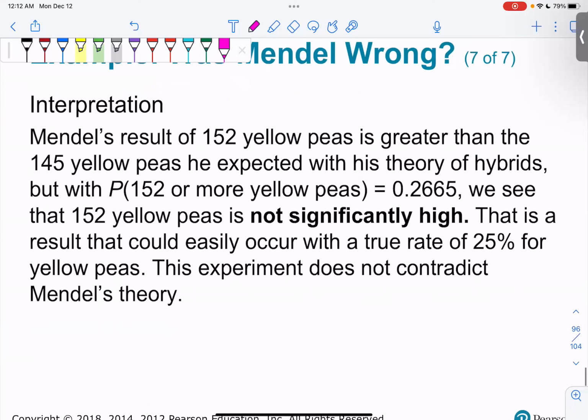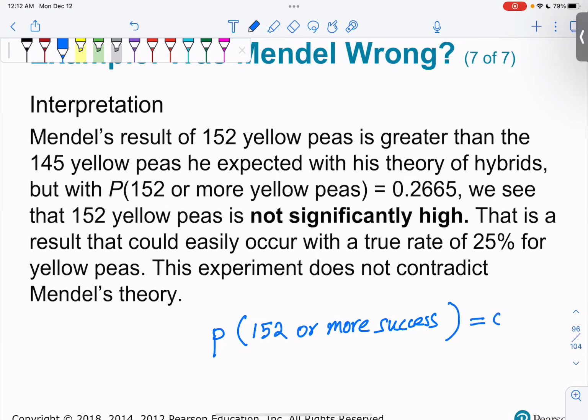So now we found that the probability of X equal to 152 or more successes is equal to 0.26.